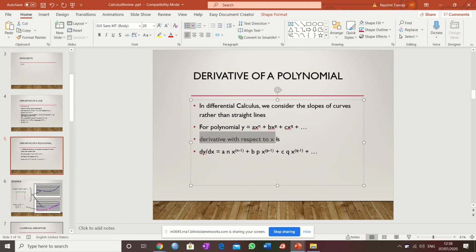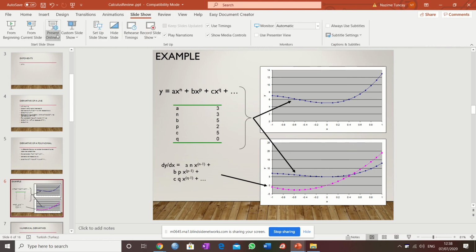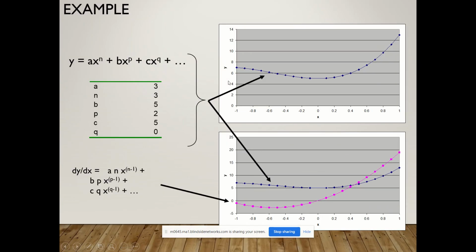Here, for the derivative with respect to x, we are using the exponential formulas. We multiply by n and subtract 1 from the power of each one. Now, let us explore these two examples here. I will make this bigger from the current slides, and I'm going to use the laser pen.